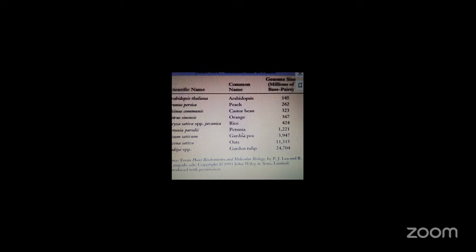This is the transposable gene or jumping gene.